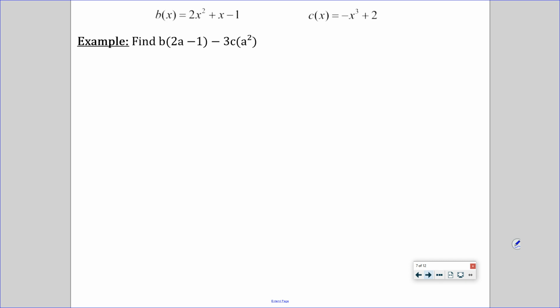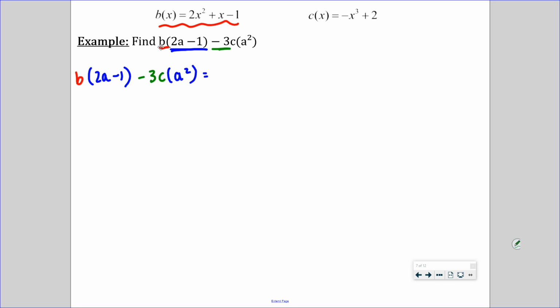Yeah. Okay, let's do this part first. B, the number outside tells you which function to use, right? B of 2a minus 1. Let's just tackle that piece first. And then I'll take care of this one, minus 3c of a squared. That's how I read that out loud.